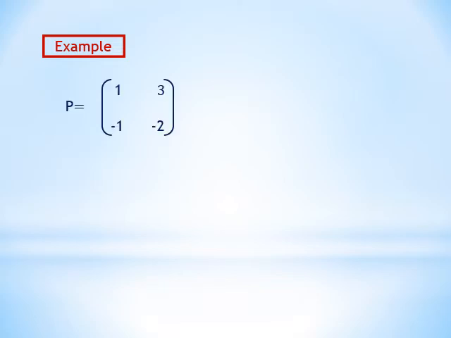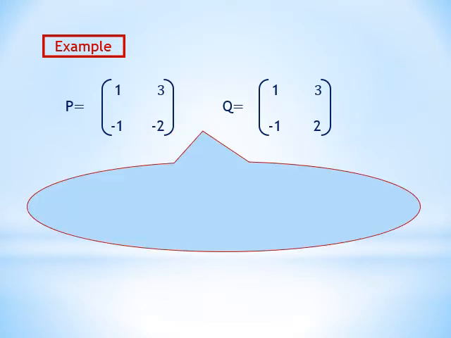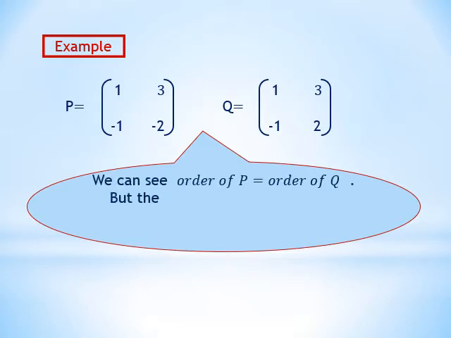Next example. Again, two matrices are here. So definitely we check their conditions. First condition is whether their orders are equal or not. And definitely you can observe order of P is 2 by 2 as it has 2 rows and 2 columns.